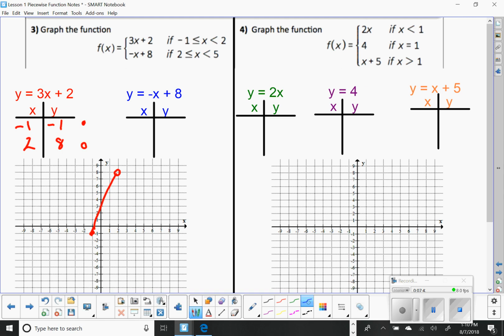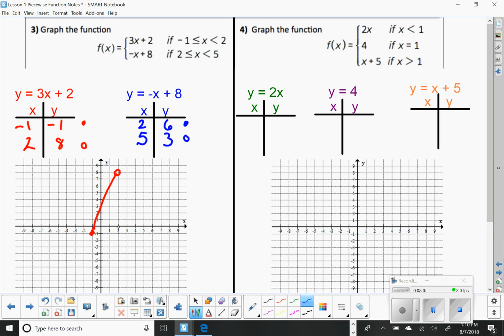The next one is greater than or equal to 2, and it goes up to 5. When x is 2, -2 plus 8 is 6. -5 plus 8 is 3. At 2, I'm using a closed point. At 5, I'm using an open point.